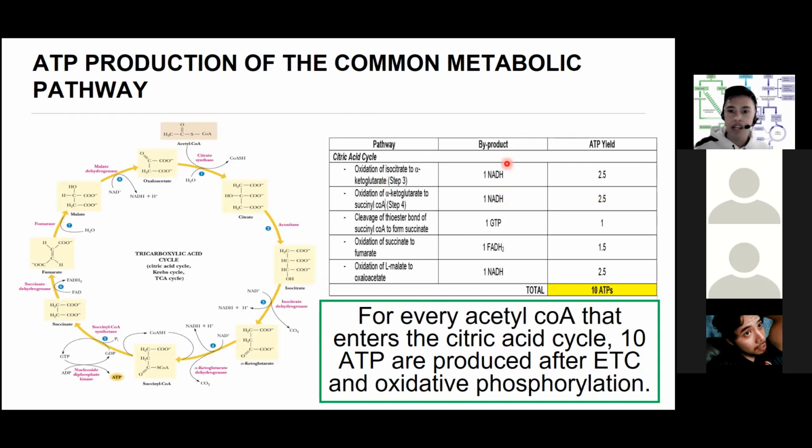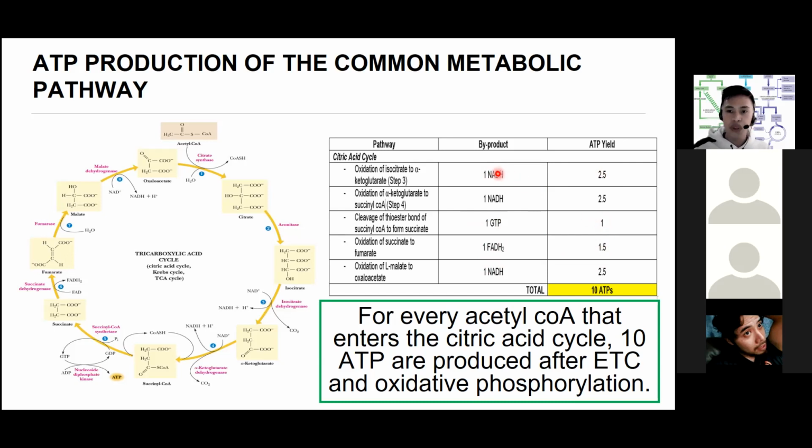Remember, these are the steps that produce the NADH and the FADH2. If NADH enters the ETC, it produces 2.5 ATP. If FADH2 enters, it produces 1.5. And remember, we also produce 1 GTP, which is chemically equivalent to 1 ATP.